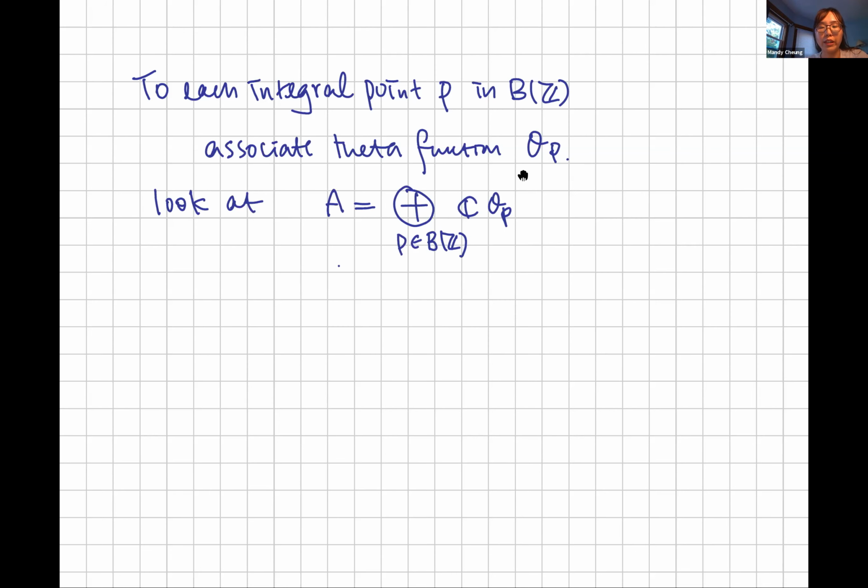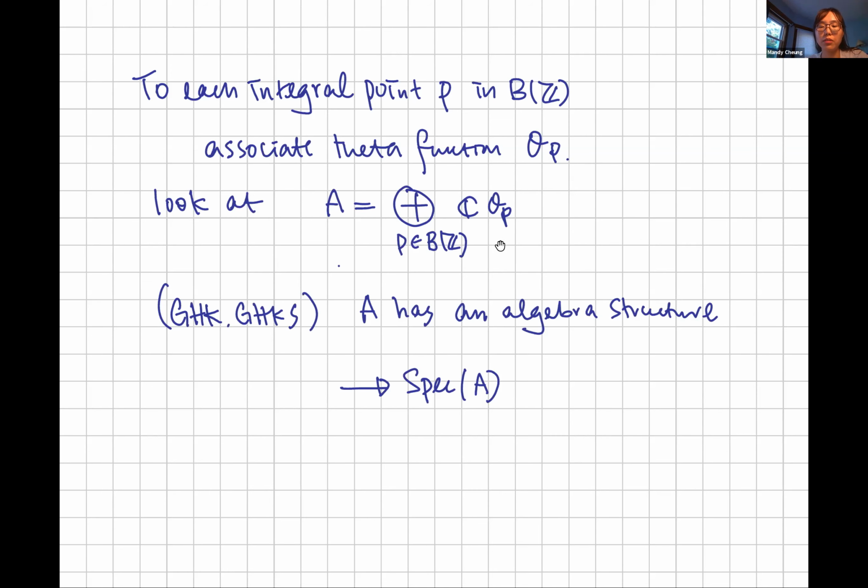And then we still look at this space that is generated by theta functions. Like Gross–Hacking–Keel–Siebert, they have an algebra structure, and the heuristic mirror proposed by Gross–Hacking–Keel–Siebert is that the mirror is coming from the Spec of this algebra, and this is the mirror construction.